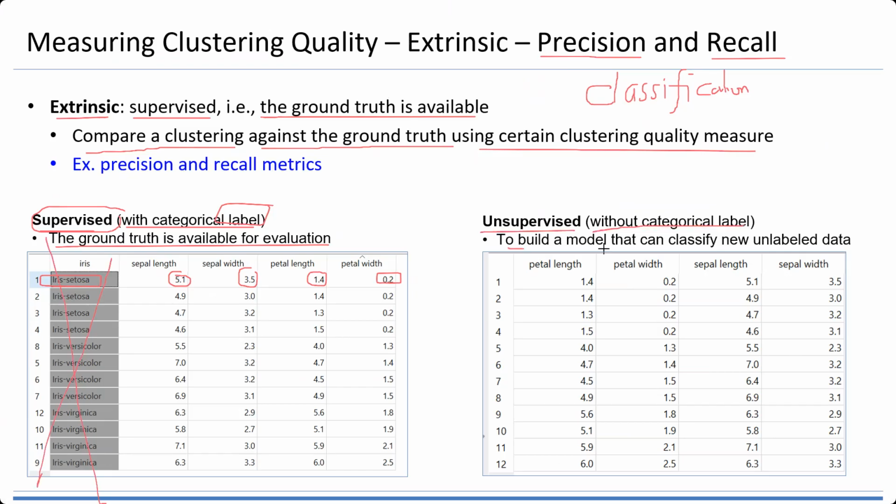I will build a model, so the model can classify new unlabeled data. Using this data, we know there are three flowers: setosa, versicolor, and virginica.